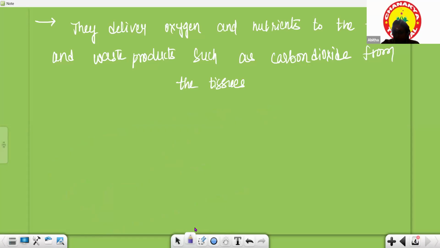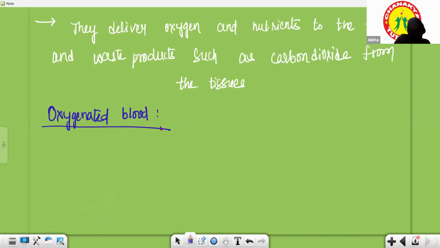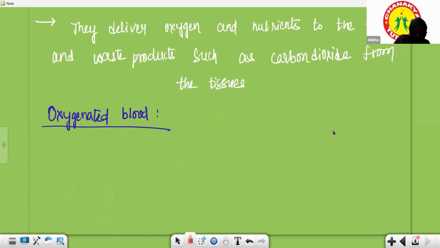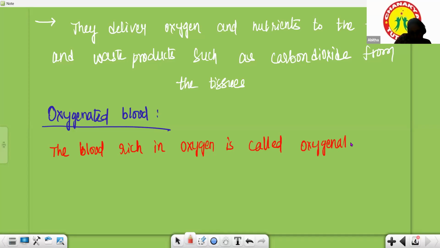Understand? Yes, ma'am. Okay, so let's write the two terms: oxygenated blood and deoxygenated blood. What is oxygenated blood? The blood which is rich in oxygen is called oxygenated blood.